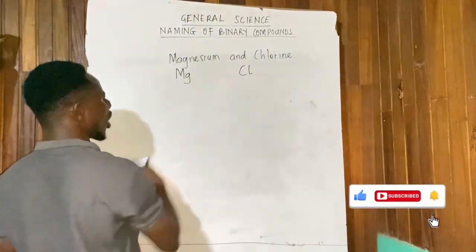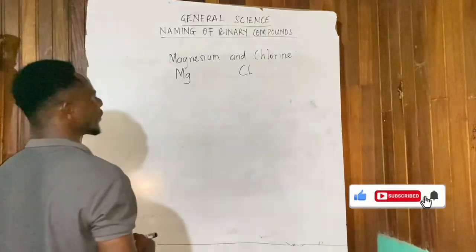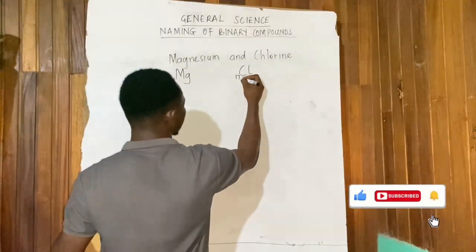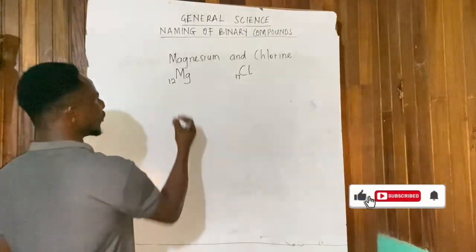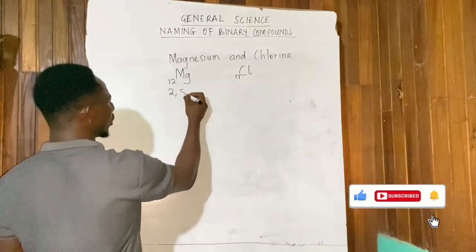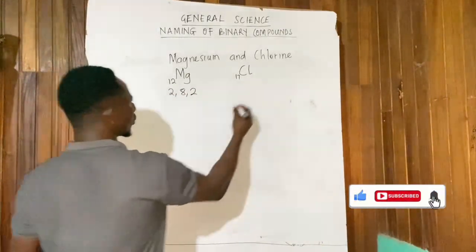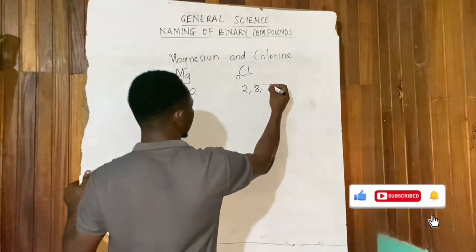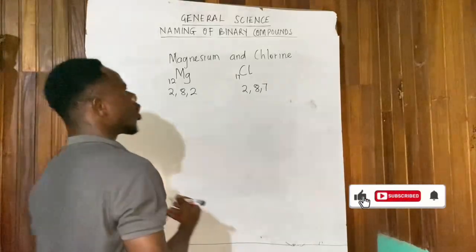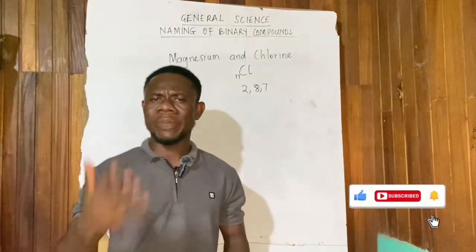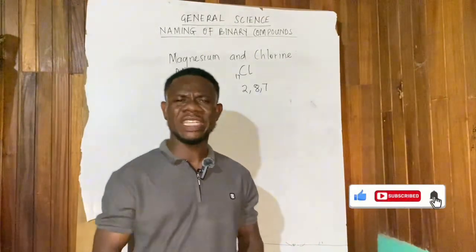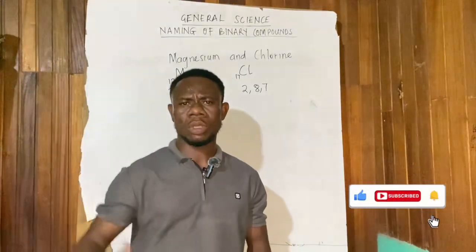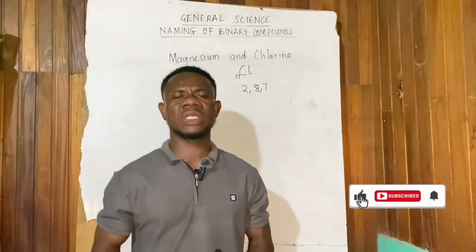Now, magnesium on the periodic table has atomic number 12. Chlorine, 17. Electronic configuration, 2,8,2. Chlorine electronic configuration, 2,8,7.